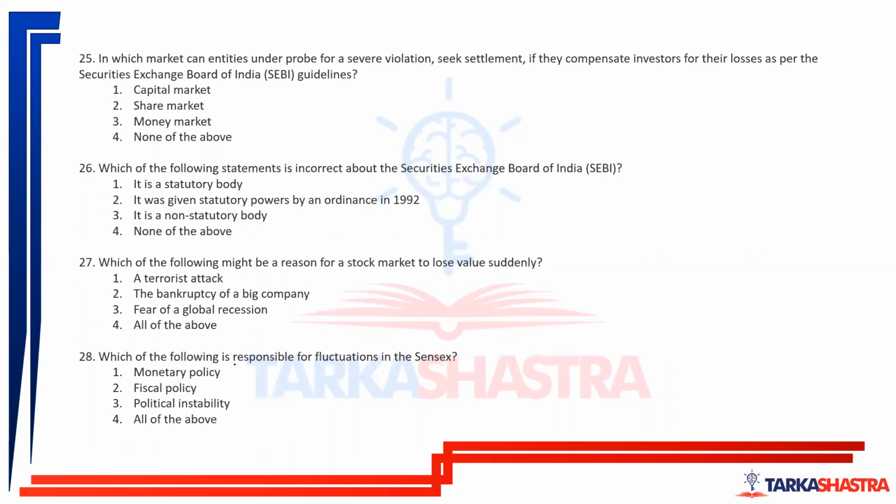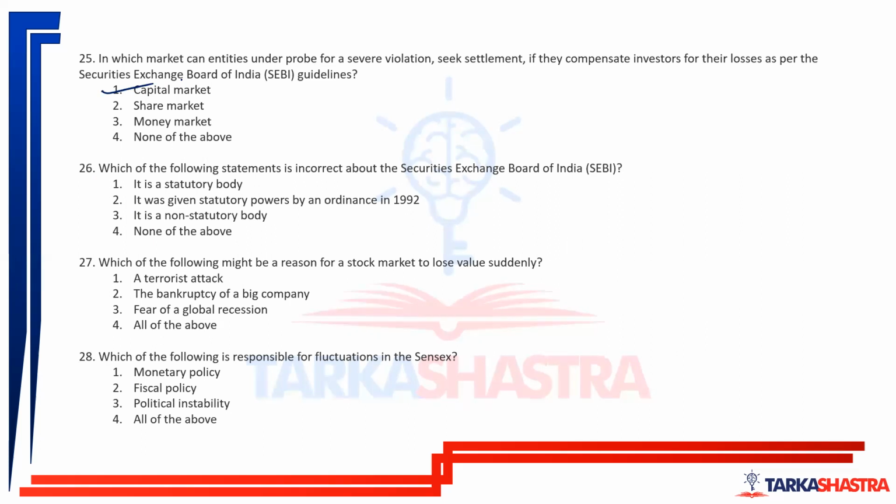In which market can entities under probe for a severe violation seek settlement if they compensate investors for their loss as per the Securities and Exchange Board of India guidelines? This can be done in the capital market.